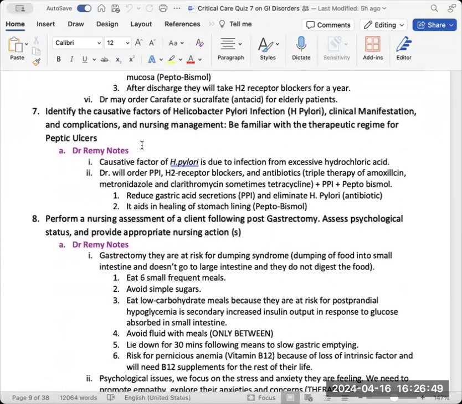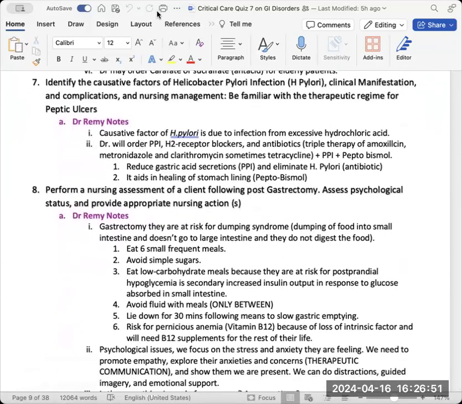Remy. Okay. The next question is to identify the causative factors of Helicobacter pylori, H. pylori, clinical manifestations, complications, nursing management, and be familiar with the therapeutic regimen for peptic ulcer disease. So, Dr. Remy said that the causative factor for H. pylori is due to an infection from excessive hydrochloric acid.